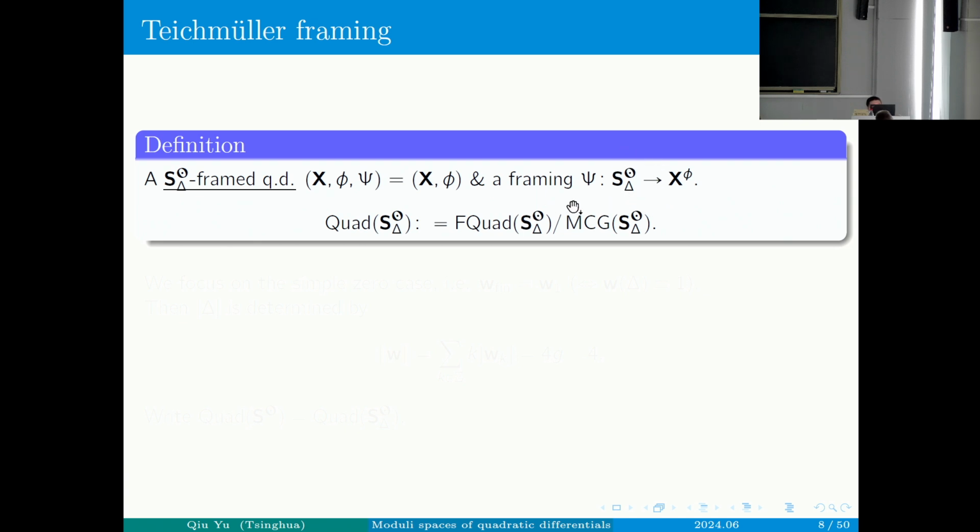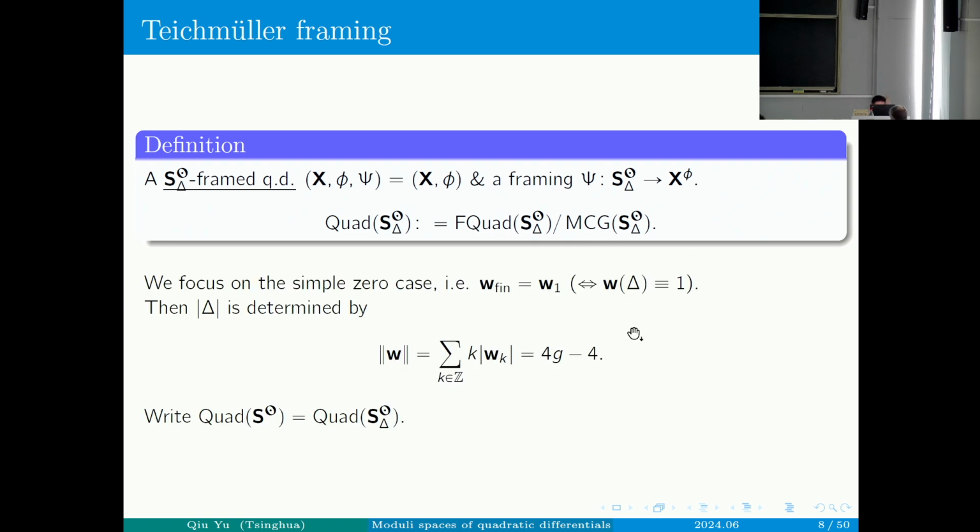After you add this framing, you have this framed moduli space, which is a covering for the unframed version, differing by the symmetry of the surface, which is the mapping class group. The mapping class group here needs to preserve the set of decorations, the set of punctures, and the set of marked points, set-wise. So you just match the type of singularity to the type of singularity.